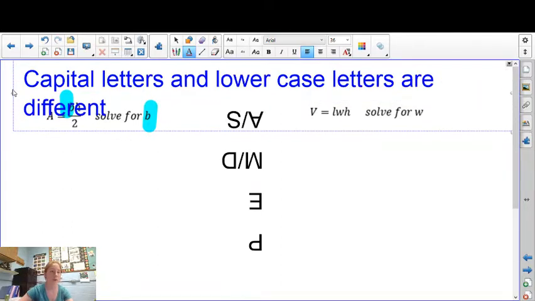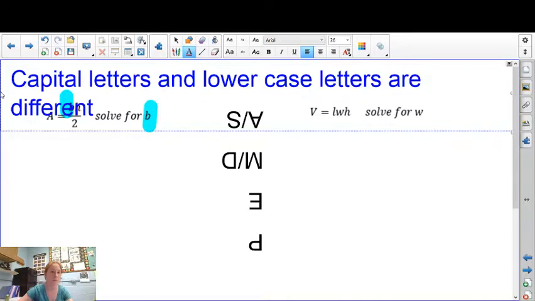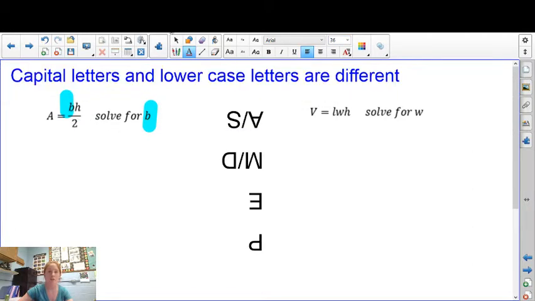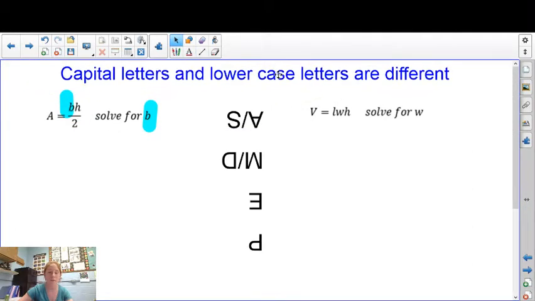So for example, if you had a big A and a little a, or you had a big B and a little b, or you had some kind of a letter combination where you've got a capital and a lowercase of the same letter, they are different. You don't get to combine them. So I want to make that note. I think it's in the homework that it does this. Don't ask me which one.